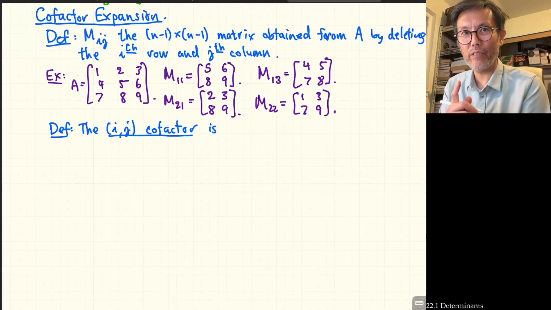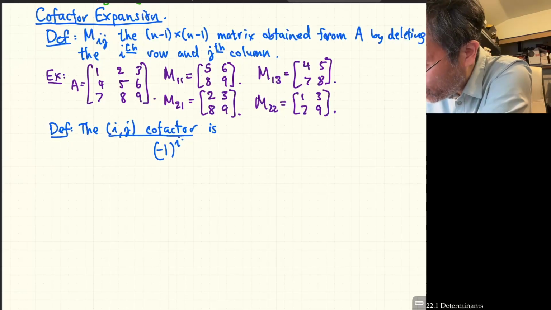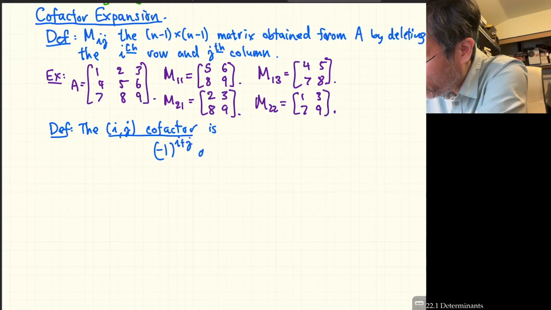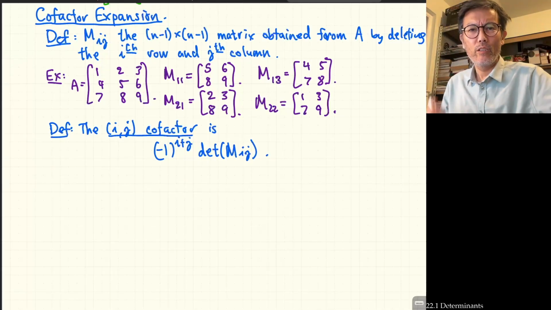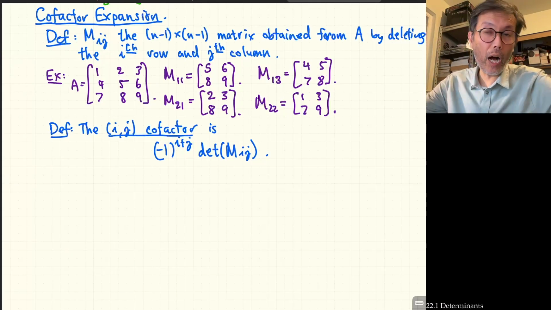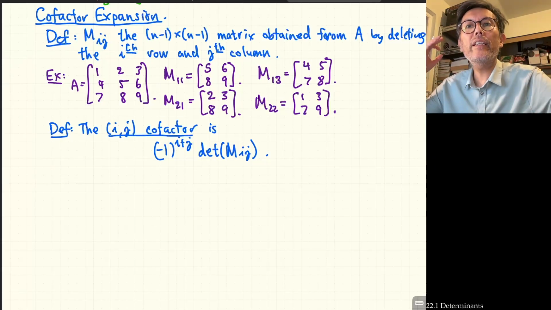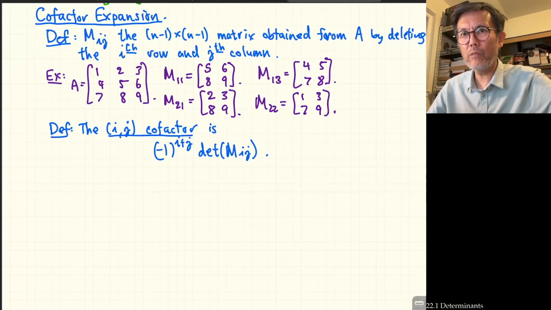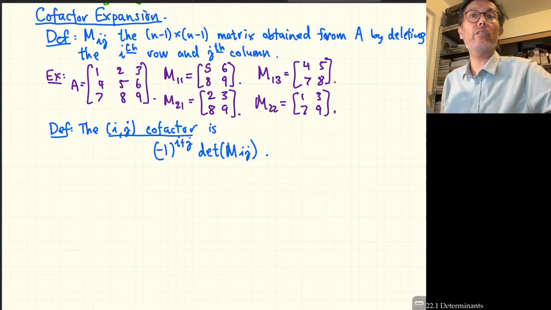So don't freak out. It's going to look weird. It's going to be -1 to the i plus j times the determinant of Mij. Remember, -1 to any power is just +1 if i plus j is even, and it's -1 if i plus j is odd.